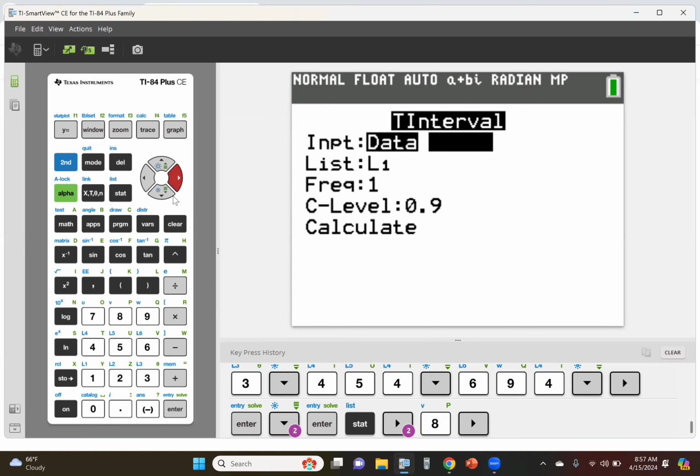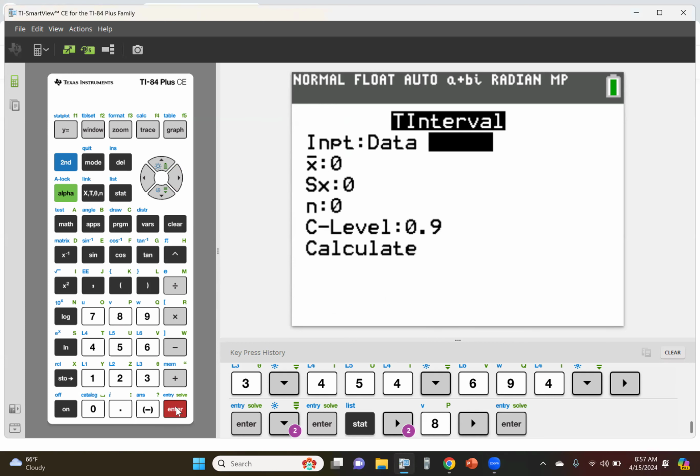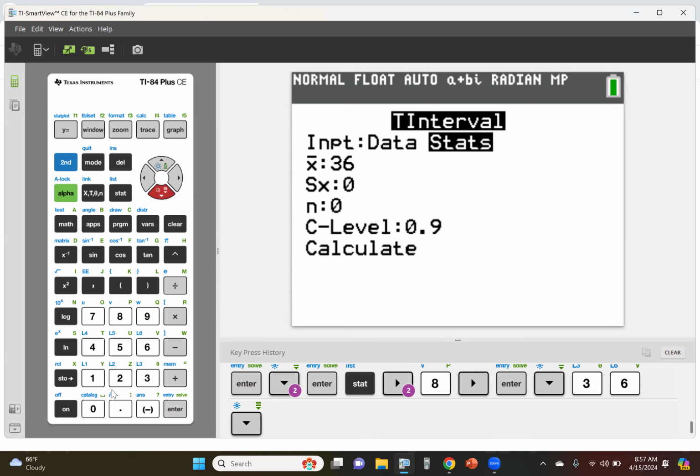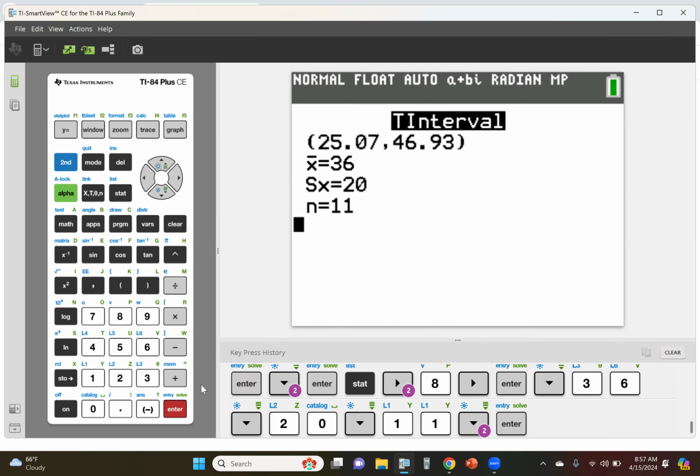We're going to use our statistics, correct? The mean is 36, the standard deviation is 20, with a sample size of 11. And we're calculating a 90% confidence interval. So the lower limit is 25.07, and the upper is 46.93.